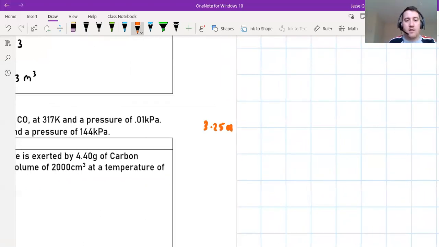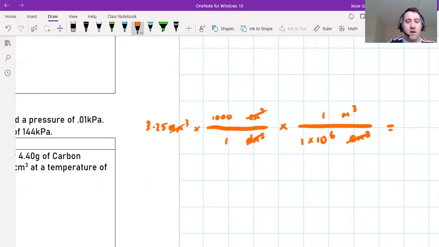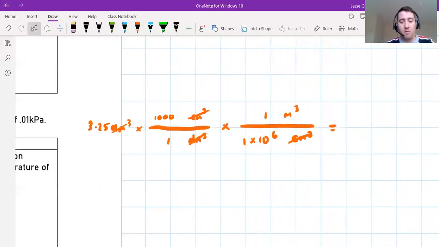3.25 decimeters cubed, dm cubed, times by... Okay, so decimeters cubed to centimeters cubed: there are 1,000 centimeters cubed in 1 decimeter cubed. So that converts it to centimeters cubed for me. And then from there, cancel my centimeters cubed, there are 1 times 10 to the 6 centimeters cubed in 1 meter cubed. All right, so we must have our unit of volume in SI units.